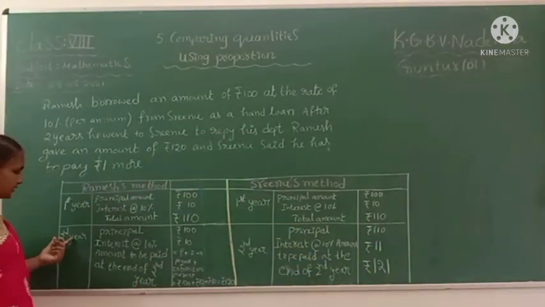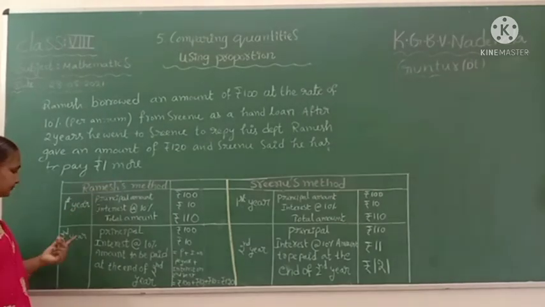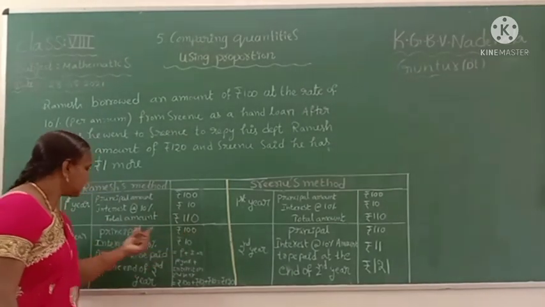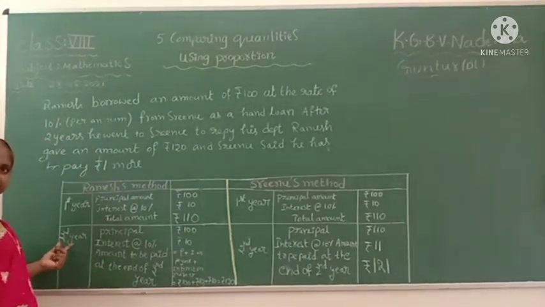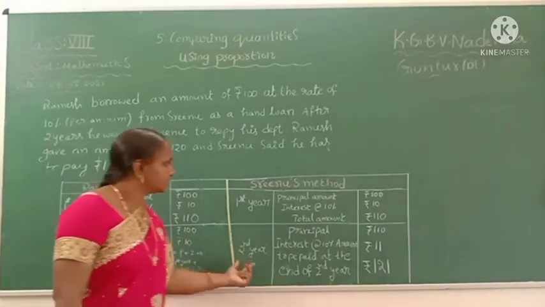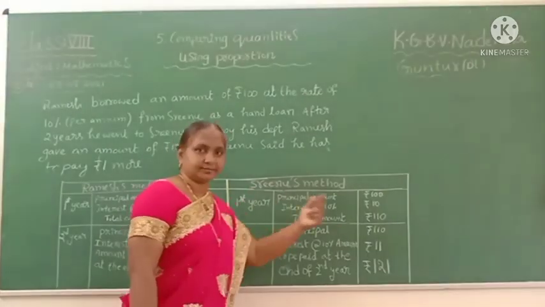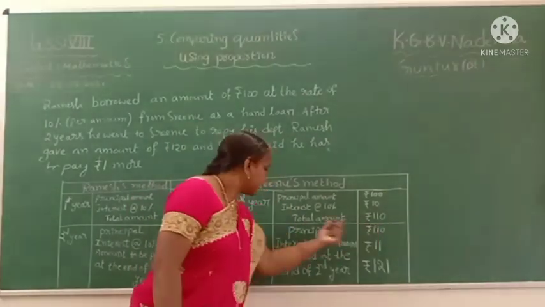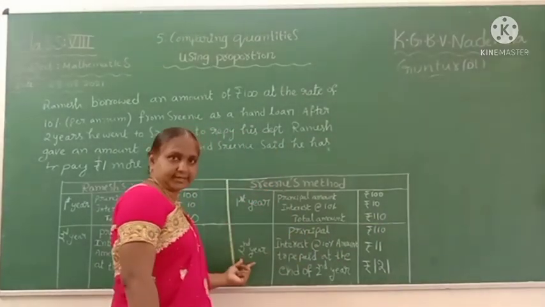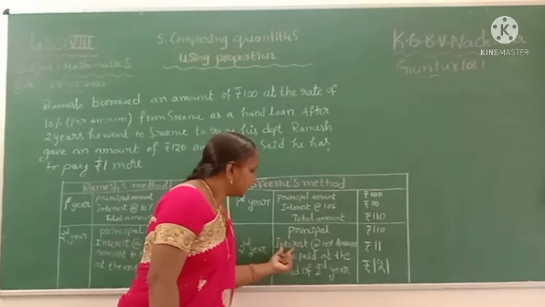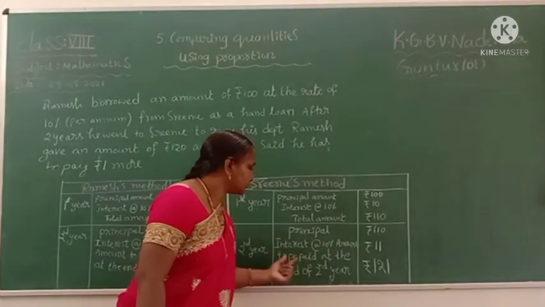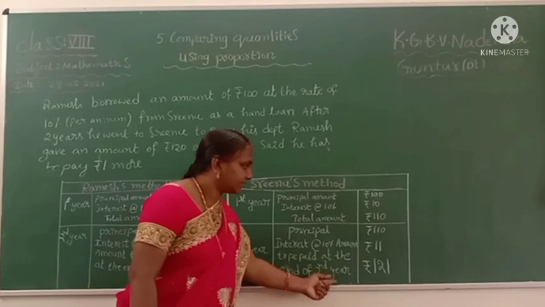Look, in Ramesh's method, he takes 100 rupees as principal for the second year. But Srinu takes the amount after 1 year, that is 110 rupees, as principal for the second year.